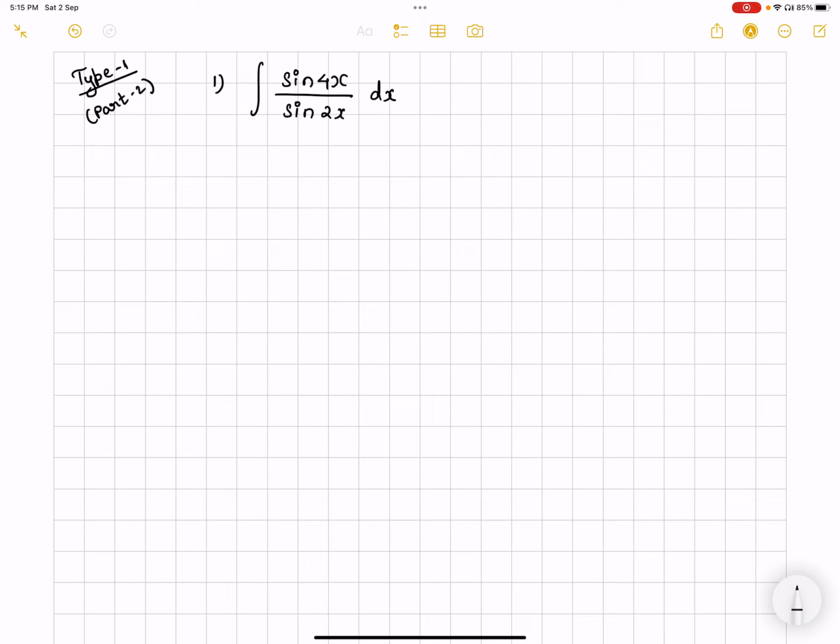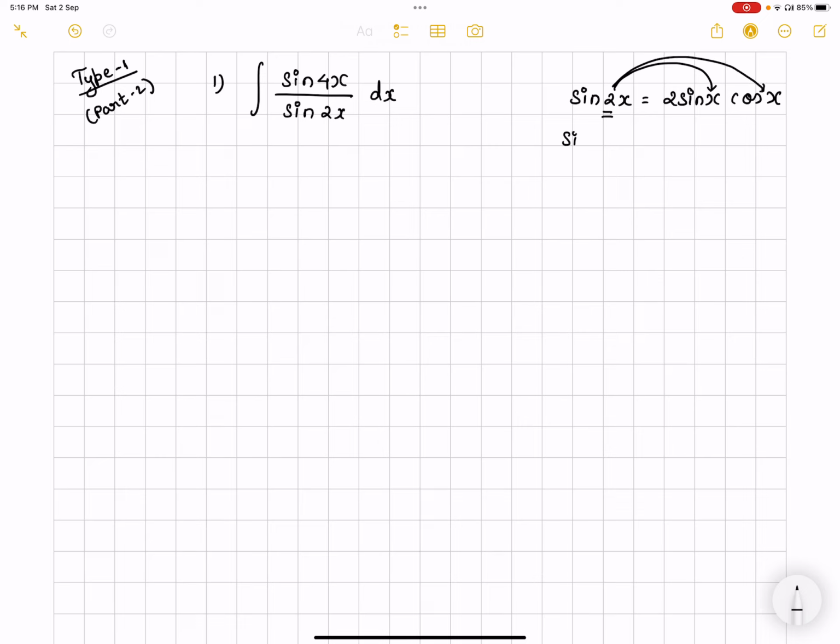Let me just recall the formula which you guys already know under trigonometry. We have sine 2x is equal to 2 sine x cos x. So here if I have 2, then I'm getting 1 here and here also 1.